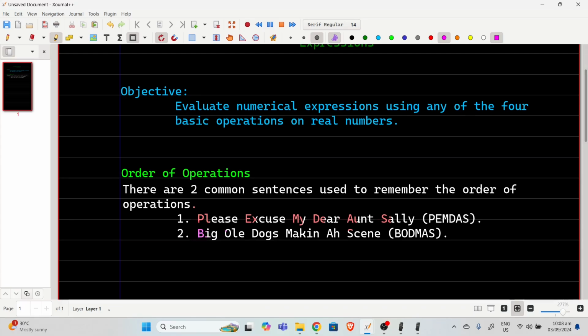And then we're going to use the B, the O, the D, the M, the A, and the S for BODMAS to remember the order. All right. So let's talk about BODMAS versus PEMDAS.